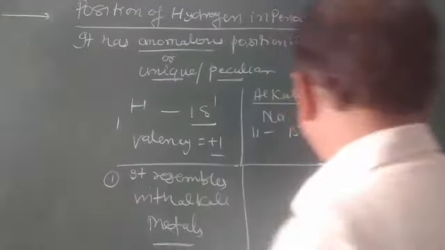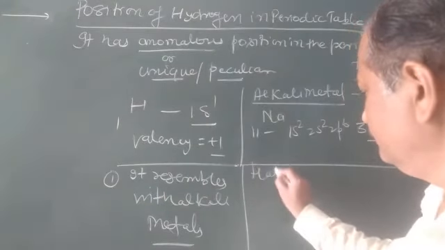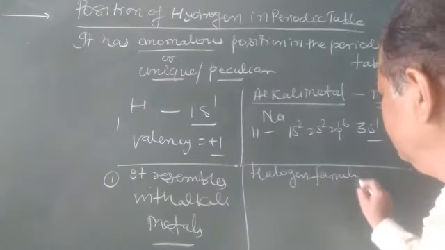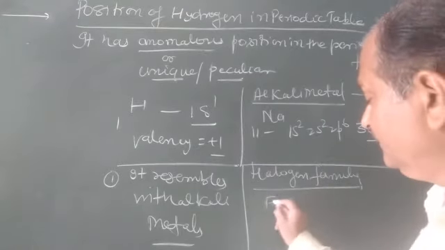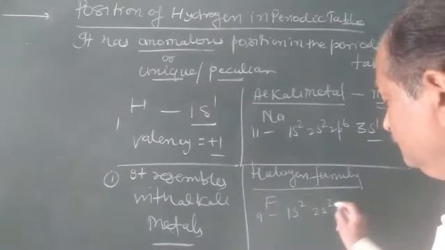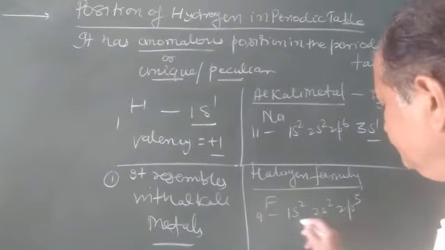Now I am writing about the halogen family. Take the case of fluorine: 1s2, 2s2 and 2p5.